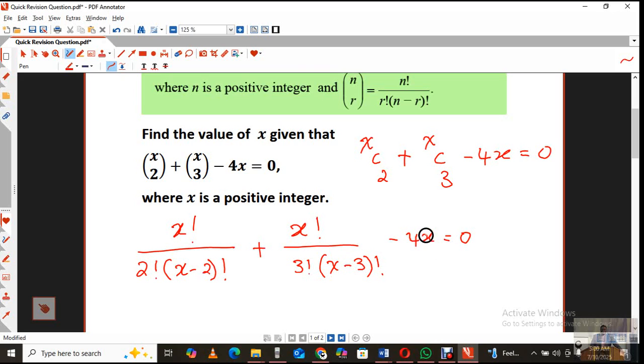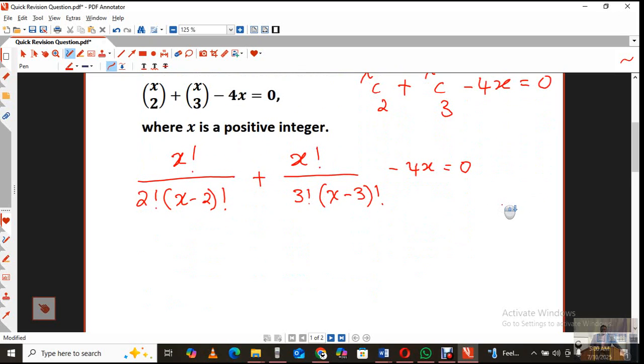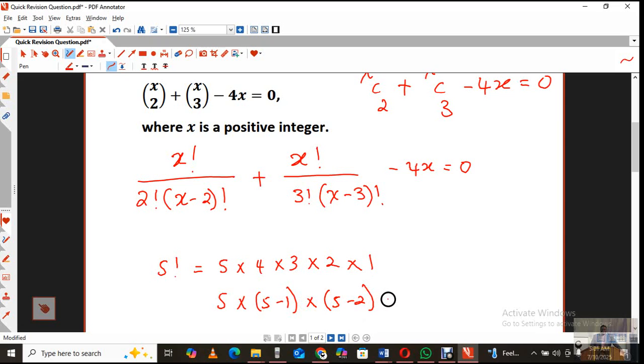Now, I believe that you know that if you have a number, for example 5 factorial, it is the same as 5 times 4 times 3 times 2 times 1, or you can have 5 times, in the bracket, 5 minus 1 times 5 minus 2, until you get there.